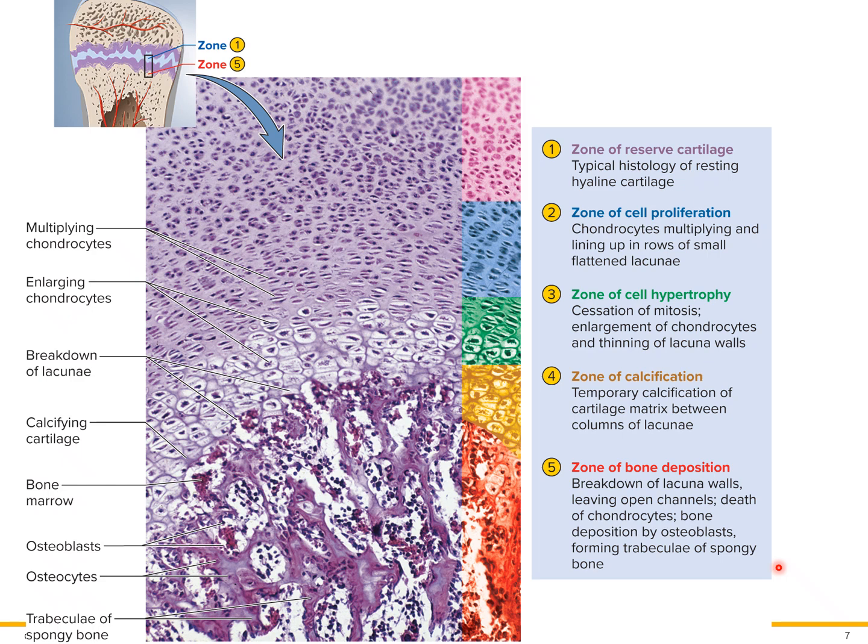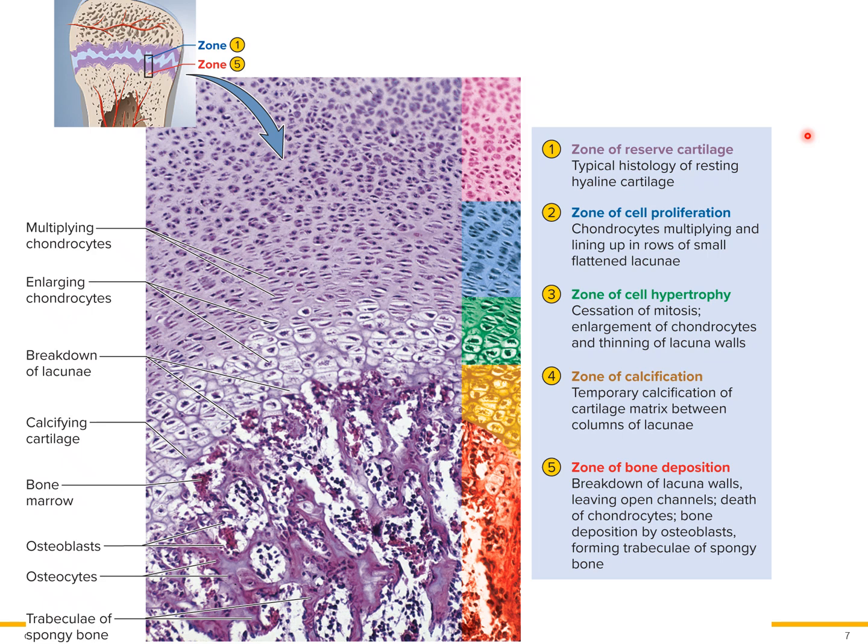So then we have the zone of bone deposition, which is zone 5 here. So that's closest to the bone marrow cavity. In this zone of bone deposition, the walls between the lacuna within each of the columns have broken down, and because now there's no wall, they are going to expose the chondrocytes inside to the osteoblasts, and they're going to die.